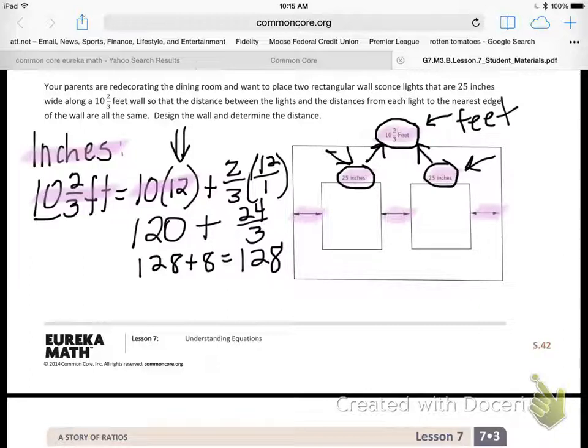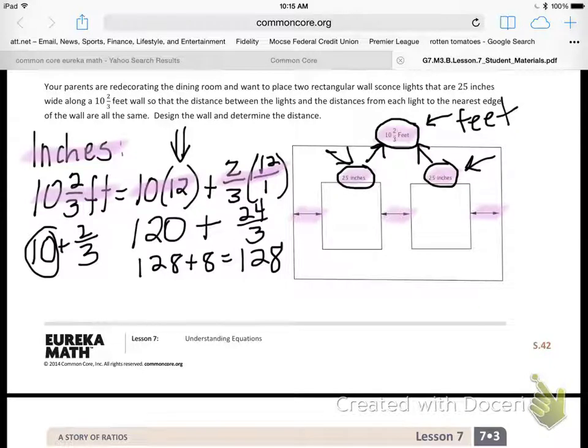Because as we learned some time ago, a mixed number is a combination, or the sum in a sense, of these two: 10 plus 2/3. So we can take those two pieces and separate them out, which we have done here. 10 times 12, and then we have 2/3 times 12.